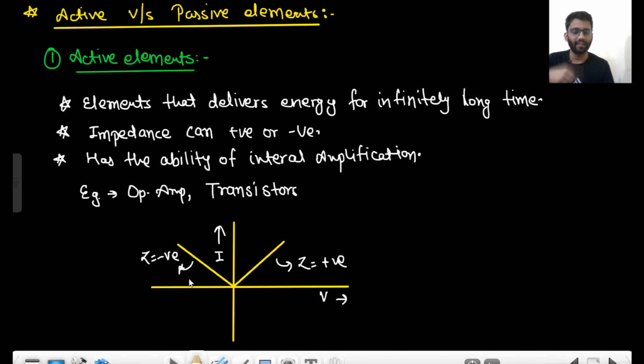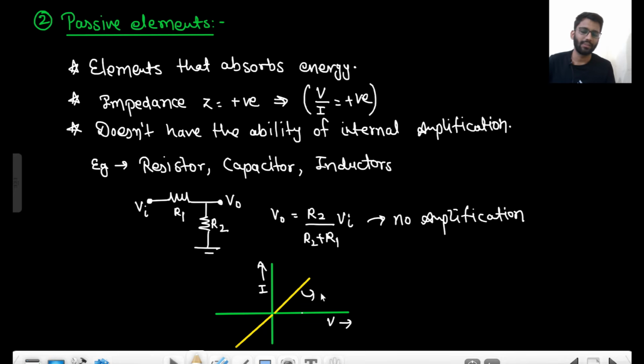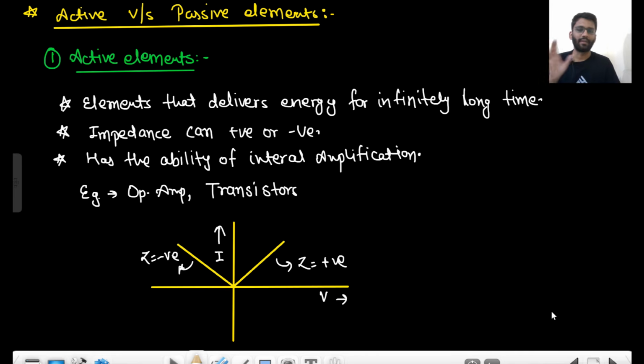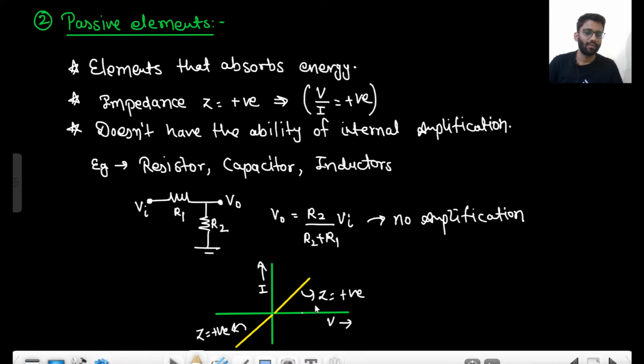If Z is negative, it can deliver the energy, so it will be counted as an active element. Even at a single point, if your Z can go negative, it will be counted as an active element. But here strictly your Z is positive only, so it will be counted as a passive element.